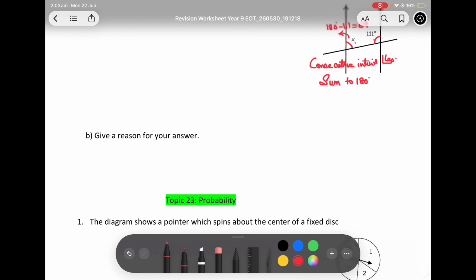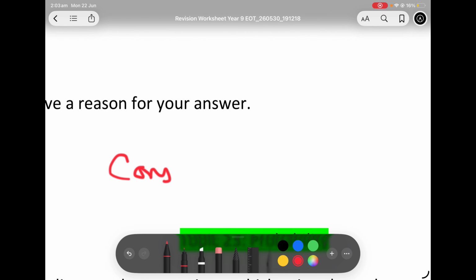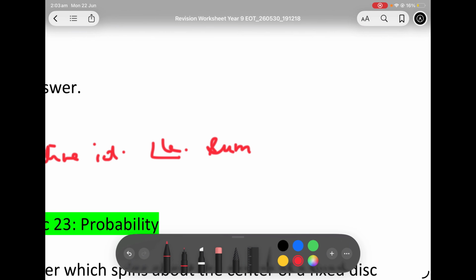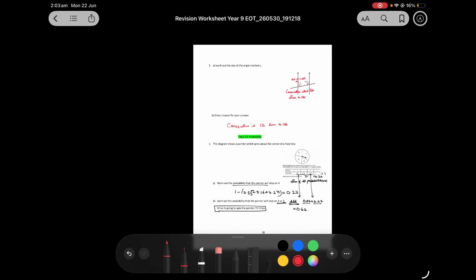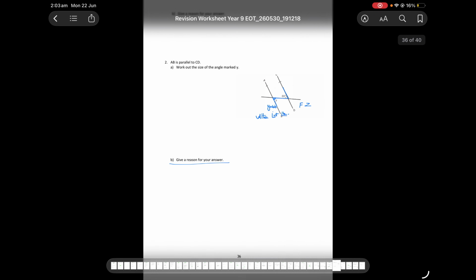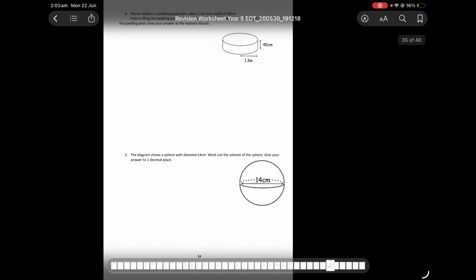And what is the reason? Consecutive interior angles sum to 180 degrees is what you will write. Finished.